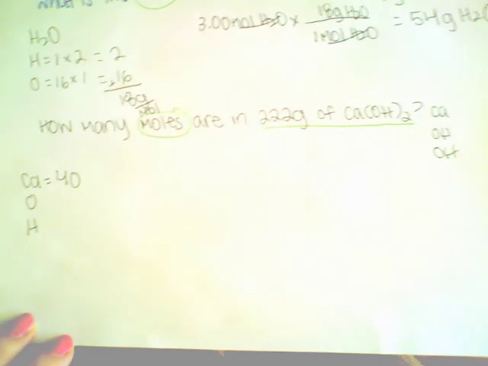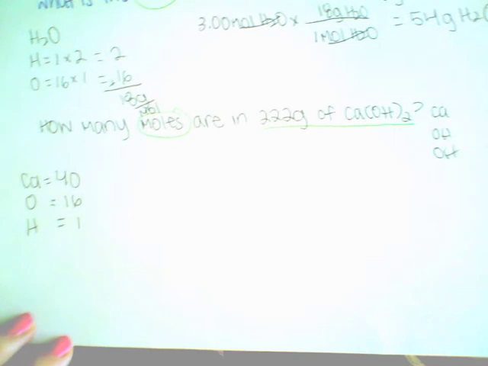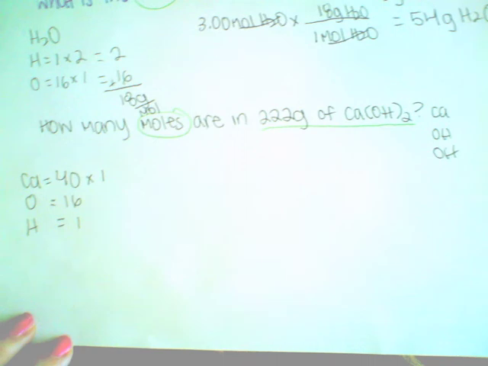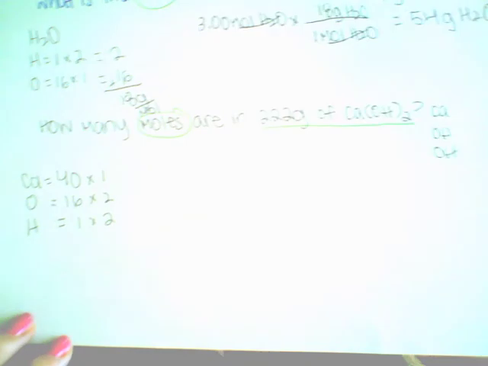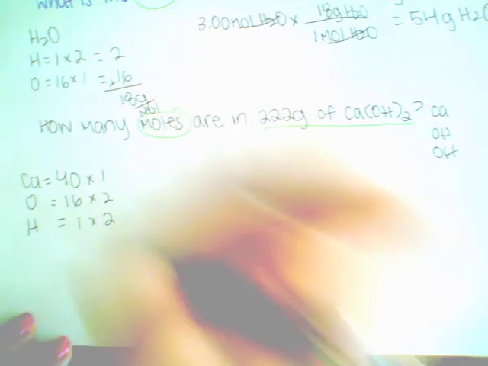So calcium, molar mass is 40, oxygen 16, and hydrogen 1. We have 1 calcium, we have 2 oxygen, and 2 hydrogen. So 40 times 1 is 40, 16 times 2 is 32, 1 times 2 is 2, and when you add that up, you get 74 grams per mole.